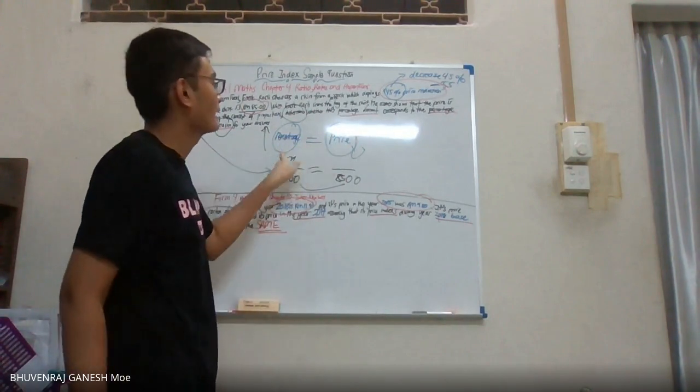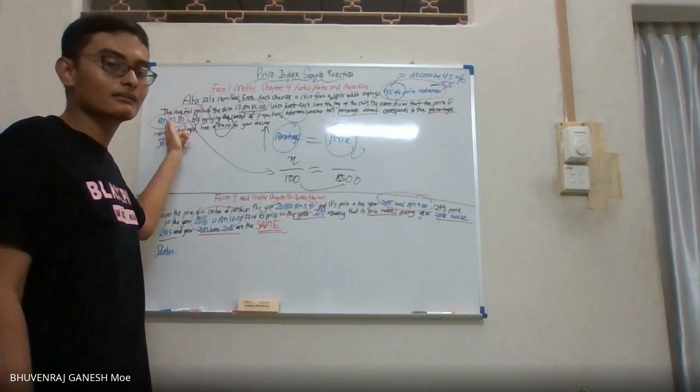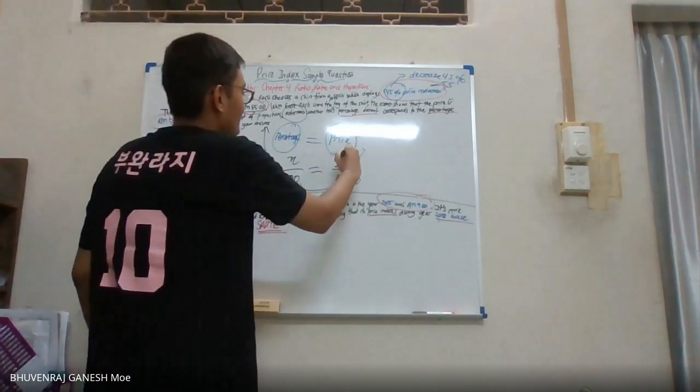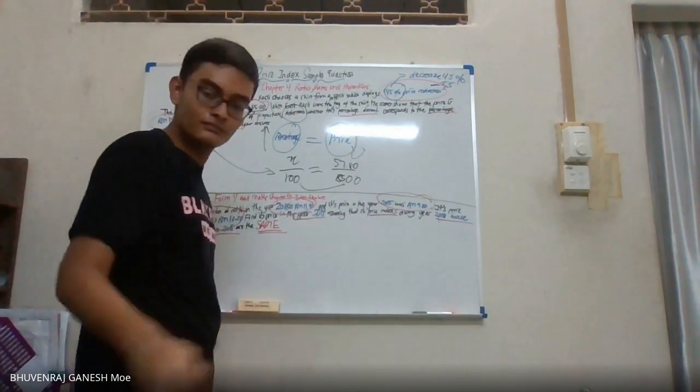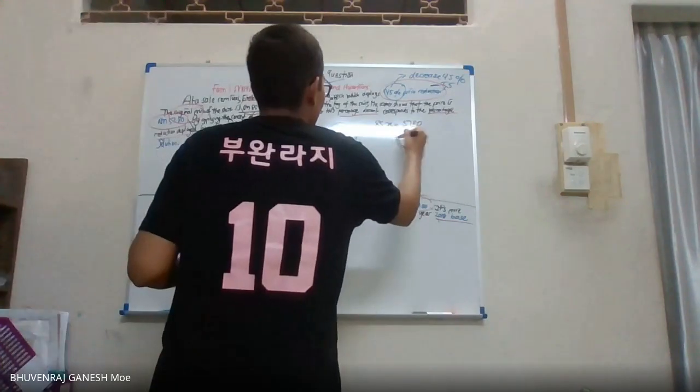Then for x you get the one that is scanned here, 57.80. So you get x equals 68% or not?